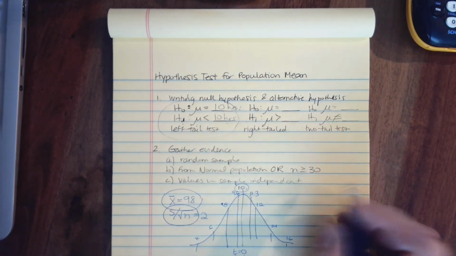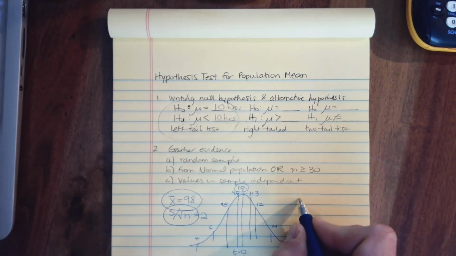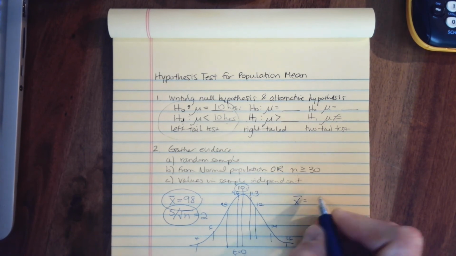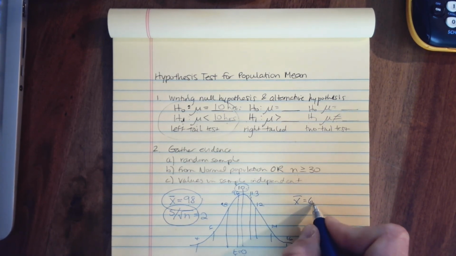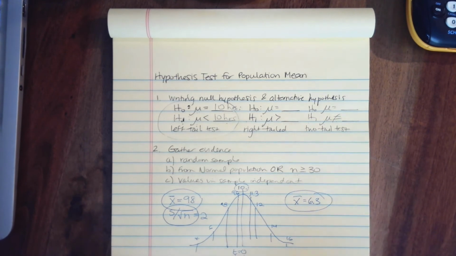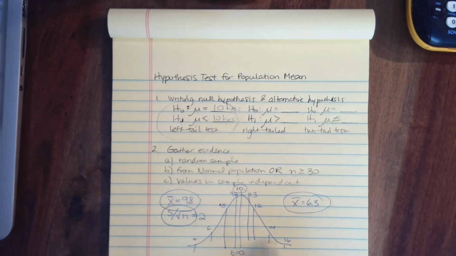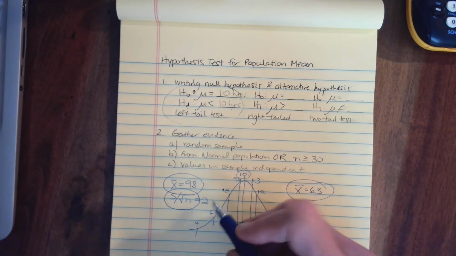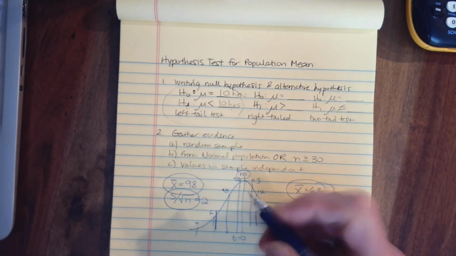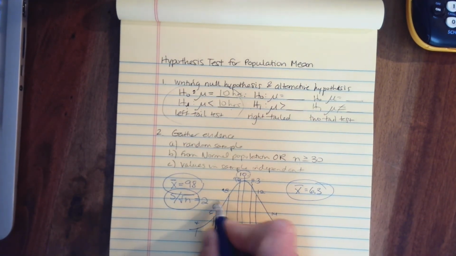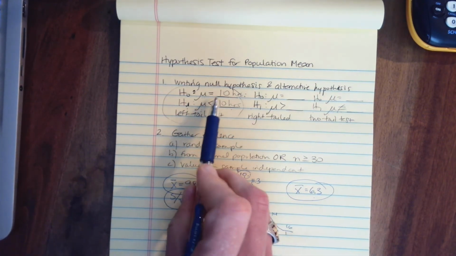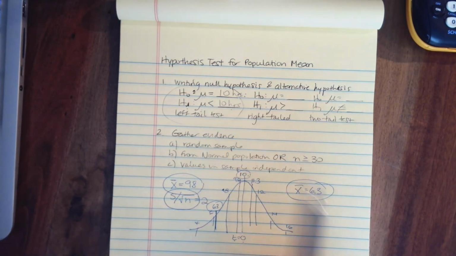So let's take in one more scenario, and maybe I get a sample mean of 6.3. And I say, well, where does 6.3 lie in this assumed distribution? So that's over here in this left tail. So certainly that is a value that's less than the assumed mean of 10 hours, and it's over here in the left tail.